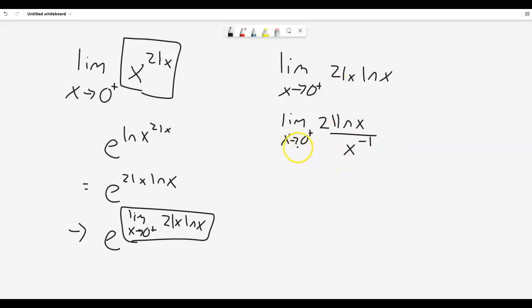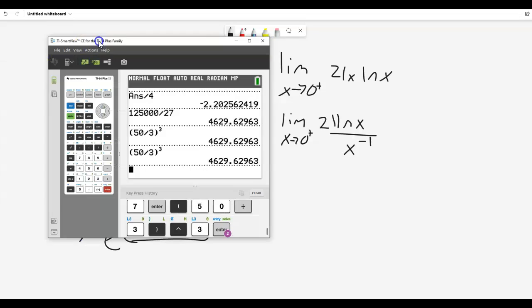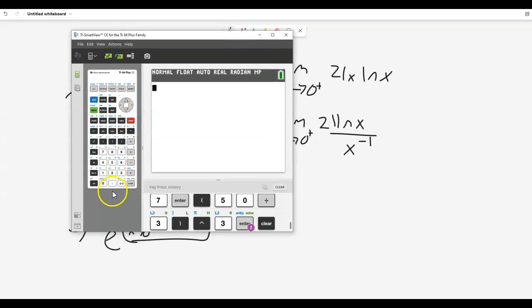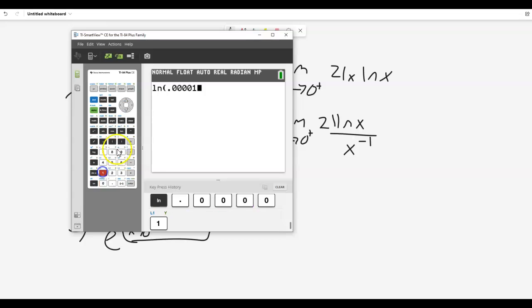Now, if I plug in the 0 going from the right, we can see this on the calculator. If we do natural log of a really small number, approaching 0 from the right hand side, maybe 0.0001, we see the numbers are going negative.